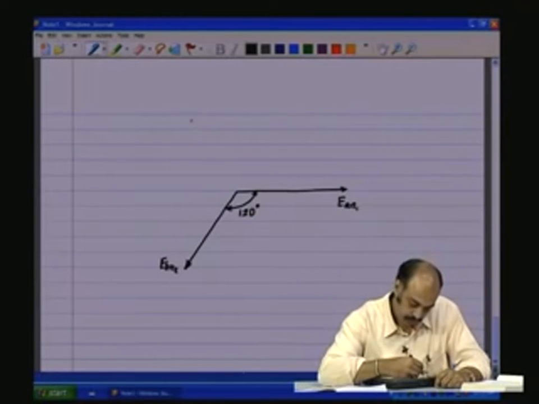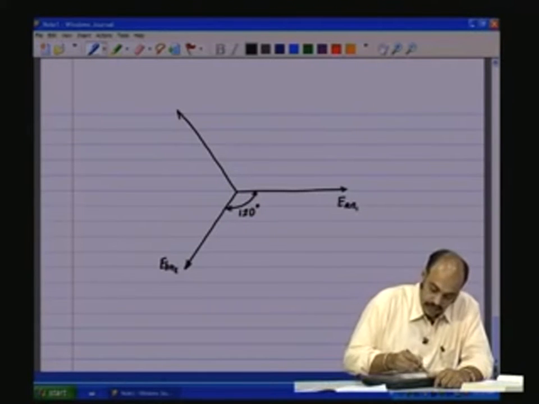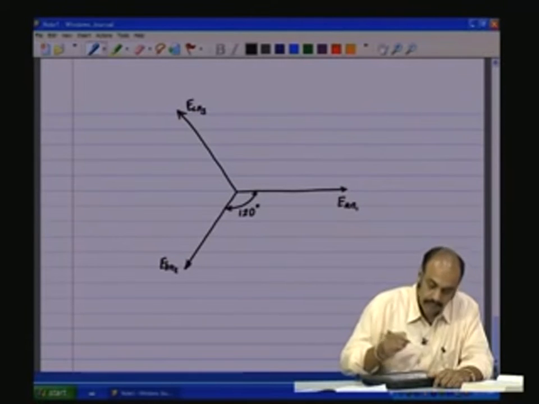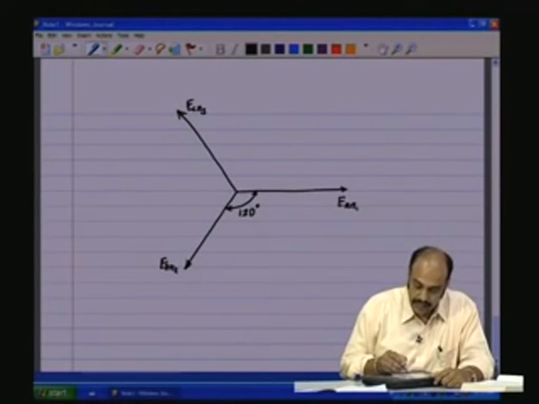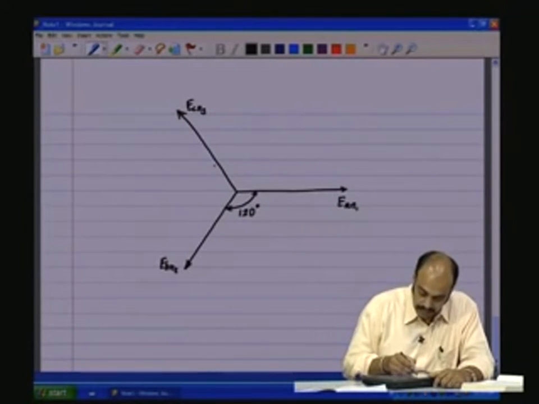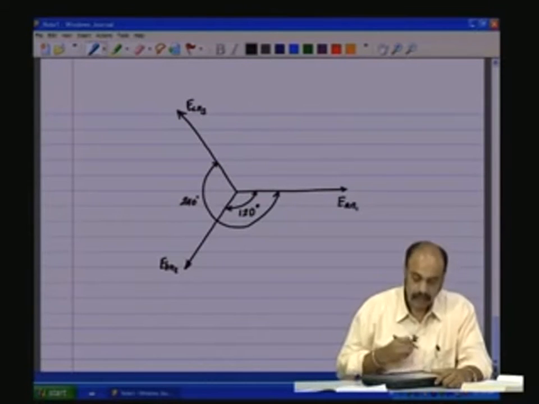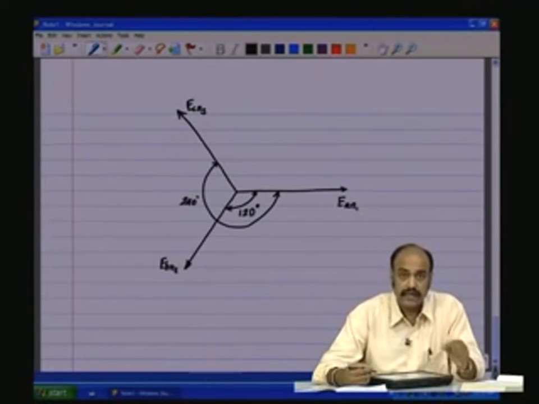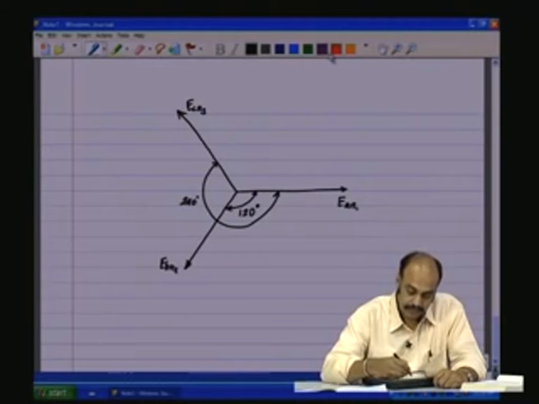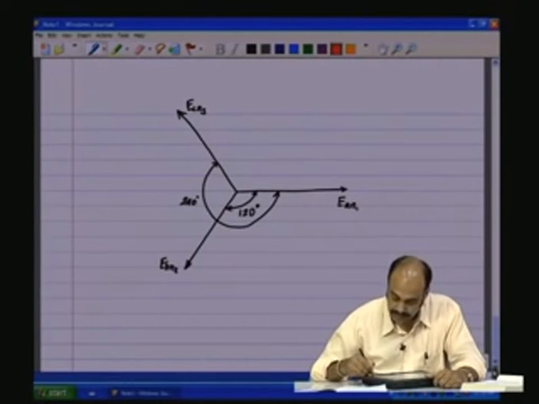And now, let me have the EC source voltage ECN3 lagging EA source voltage by 240 degrees. Then the second constraint gets established. What does the second constraint say?